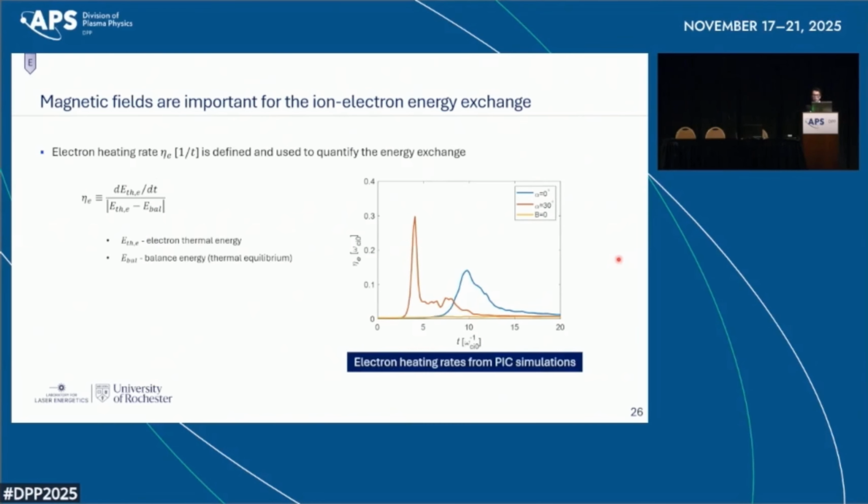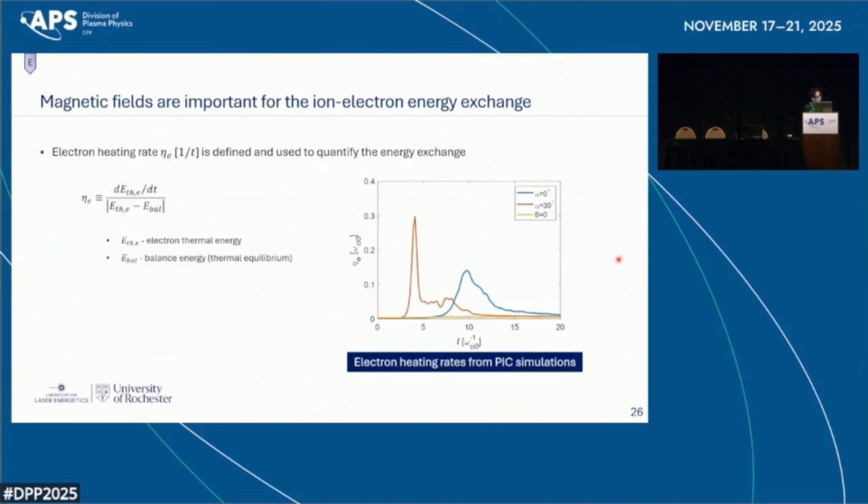Okay, so now we need to quantify the process. Because of the largely non-Maxwellian ion distribution, we define an electron heating rate here to quantify this. The definition is here: dE/dt divided by the difference between the electron thermal energy and the balance energy. The balance energy here assumes thermal equilibrium or maximum entropy.